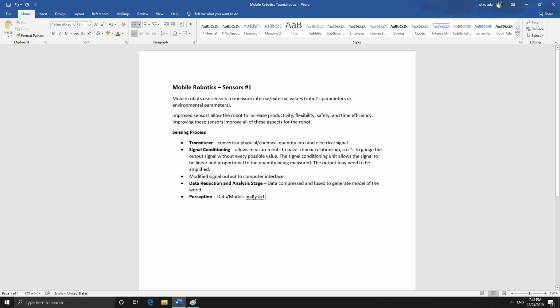So the robot infers the state of its surroundings.